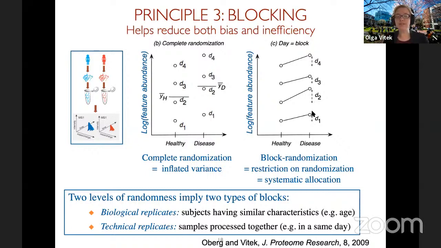This is exactly what is happening with these extended linear models that MSstatsTMT implements and others. They combine these within-mix comparisons in a single signal to noise ratio, right? With the caveat that you may have more than 2 measurements in one block, right?